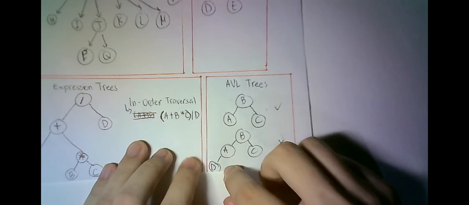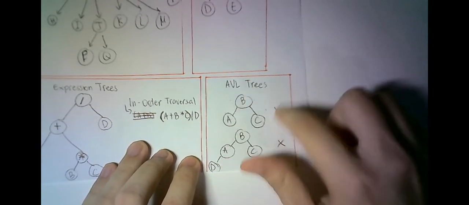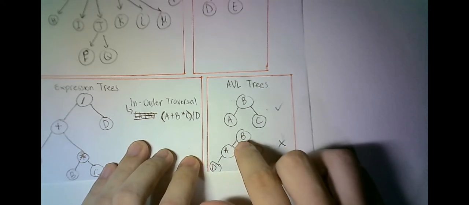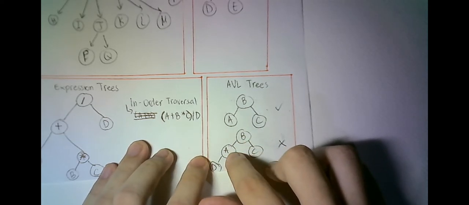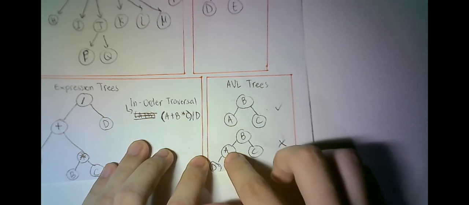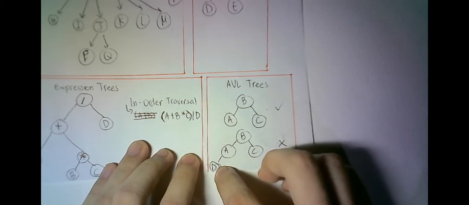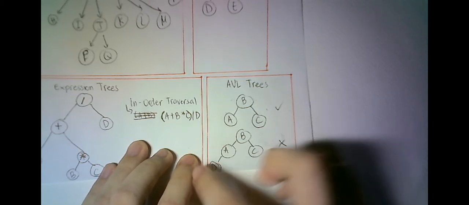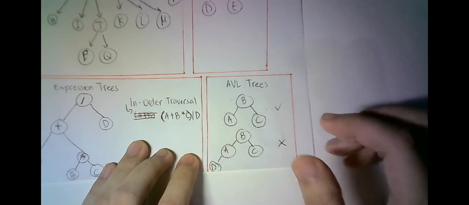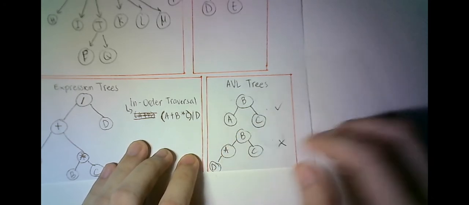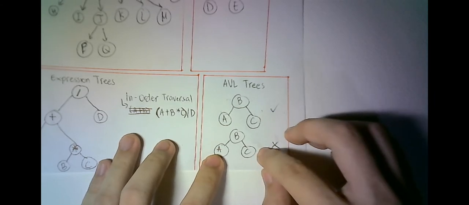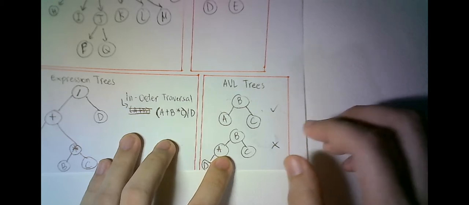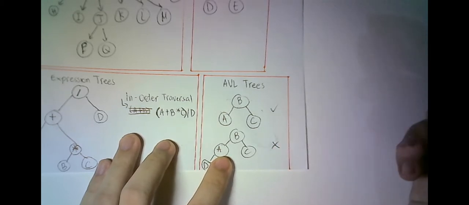So in our second tree, you can see that from root B it extends to node A, which is the child, and it also extends to another node B. So the height on the left side is 1, 2, right? And from the right, you have the C node, it's only 1. So it's not the same, it should be 1 only. So it's not an AVL tree.